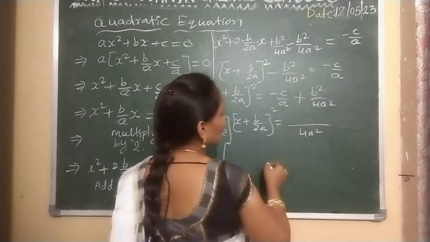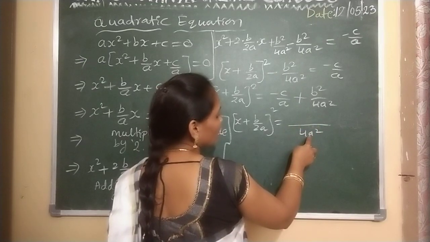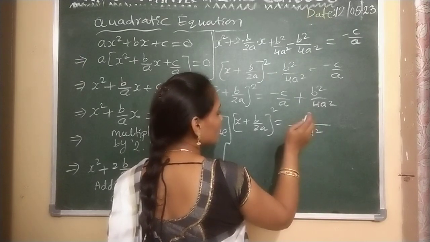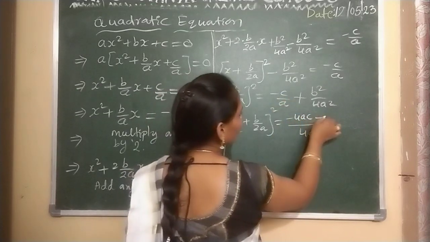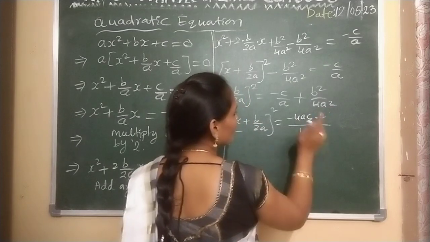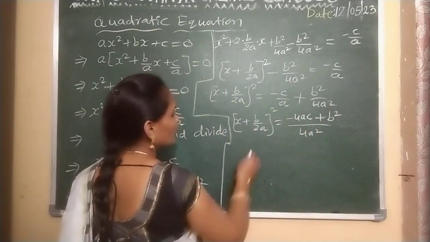Now here already a is there, here 4a, so it will go 4a terms, minus 4ac into numerator plus, yeah, already it is there, one time only it will go. So b square as it is.